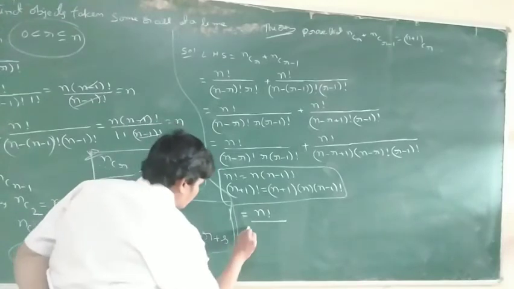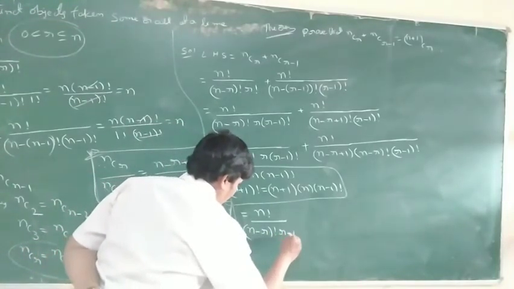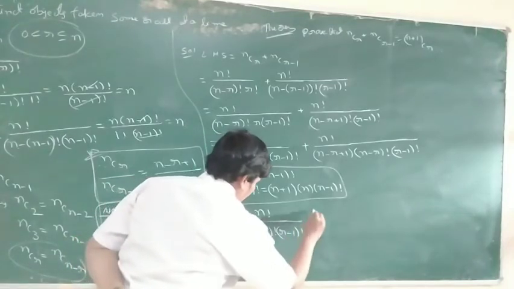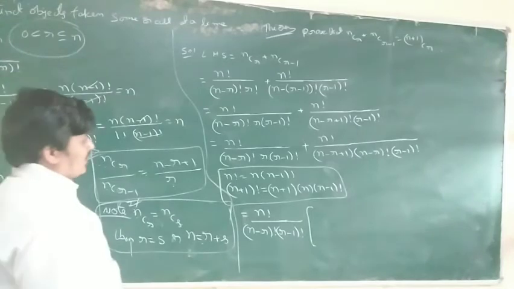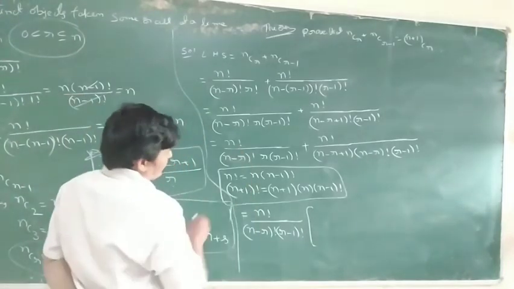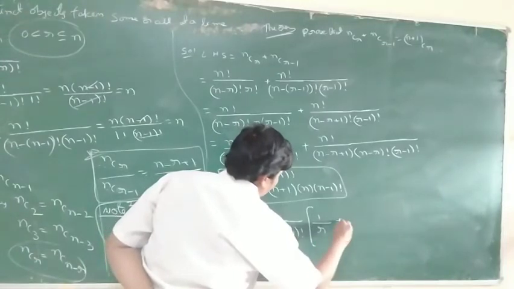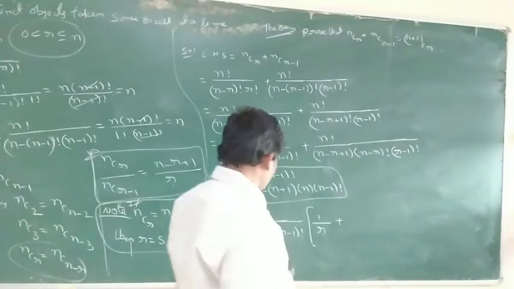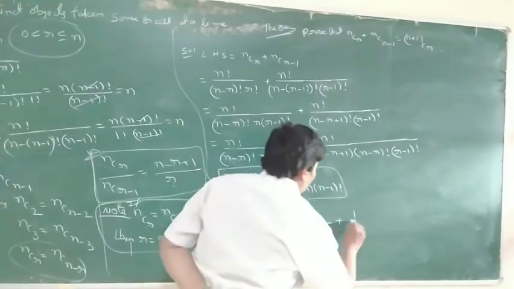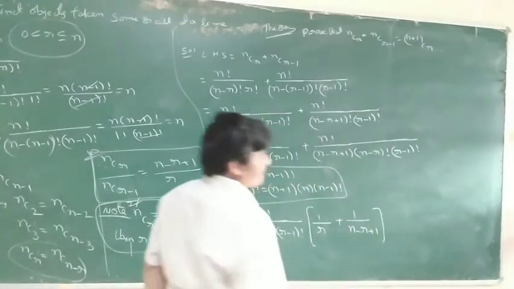So (n minus r) factorial into (r minus 1) factorial is common. So n factorial by (n minus r) factorial into (r minus 1) factorial, into 1 by r plus 1 by (n minus r plus 1).